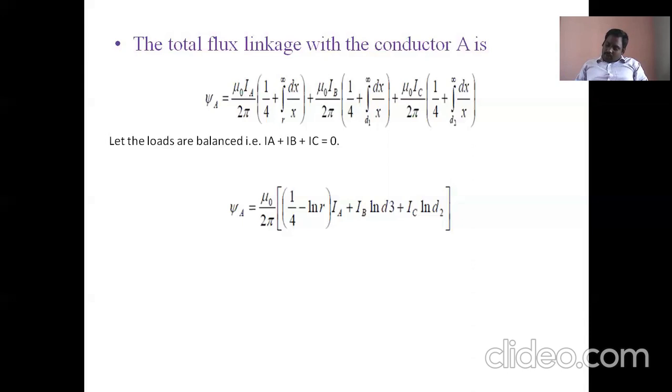So we know that here we consider Ib plus Ic.